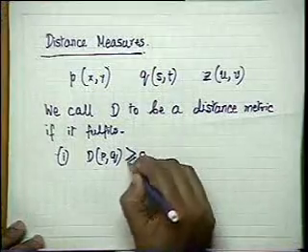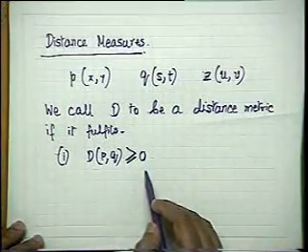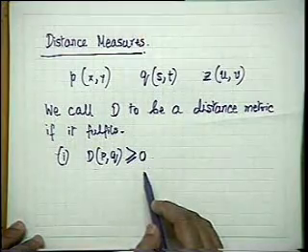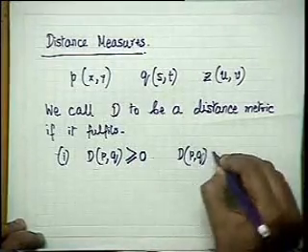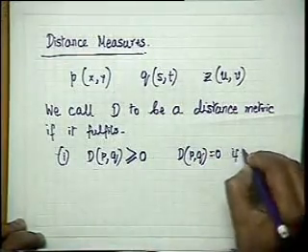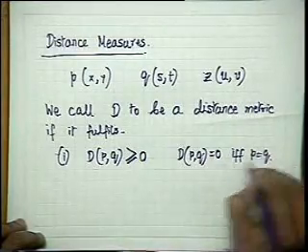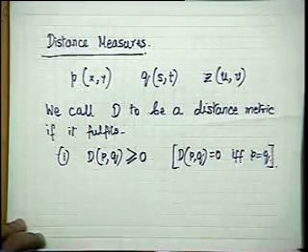Any distance metric will not qualify as a distance metric if it happens to be less than 0. So it has to be greater than or equal to 0. Normally greater than, but in which case should it be equal to 0? When P and Q happen to be the same point, then D of PQ is going to be equal to 0. So D of PQ is equal to 0 if and only if P is equal to Q. Is it clear?